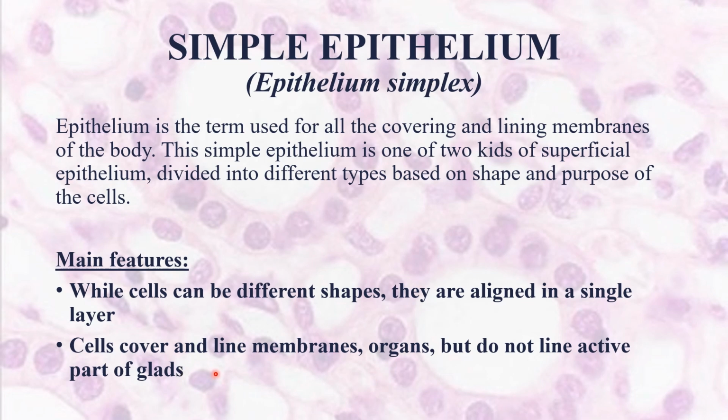That is another type of epithelium, the one special for glands, but simple epithelium does not line the active part of the gland where the secretion comes from. And as I already said, all cells reach the base layer. That's the main feature of simple epithelium. The bottom of the cell reaches the base of the membrane or anything else that it's covering.